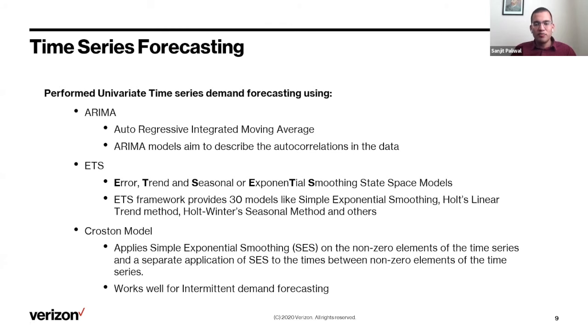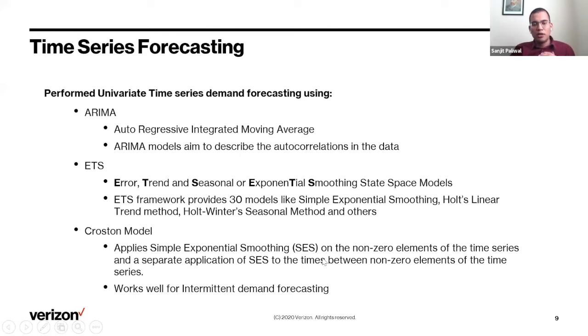This framework chooses the right model based on the data. If the data has just a linear trend, it would utilize Holt's linear trend method. If the data has seasonality too, it would utilize Holt's Winters seasonal method. So different models would be utilized based on the demand.